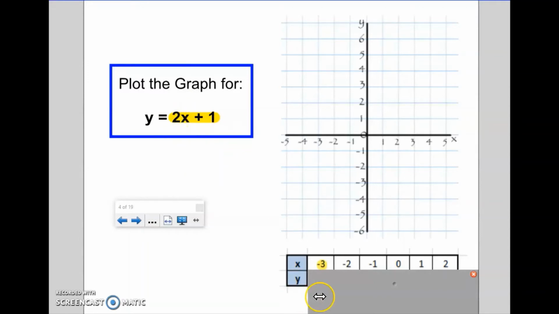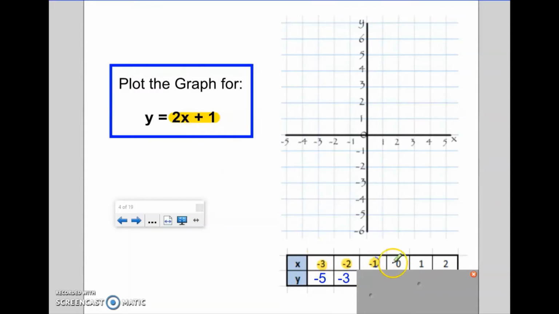Add on the 1, that's going to give me a y value of -5. So I'm doing a very similar substitution process to what I did on the first two slides. Now I take -2, substitute it into the expression. 2 times -2 is -4. Add on the 1, -3.